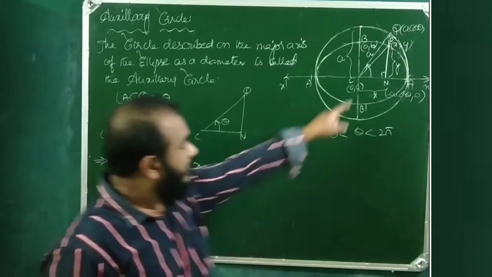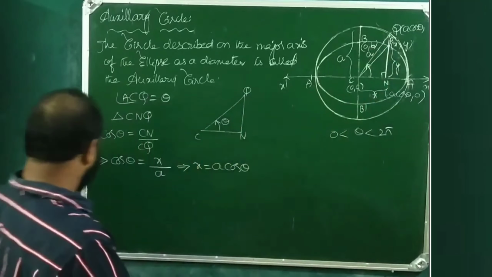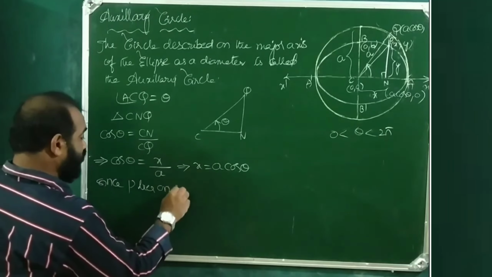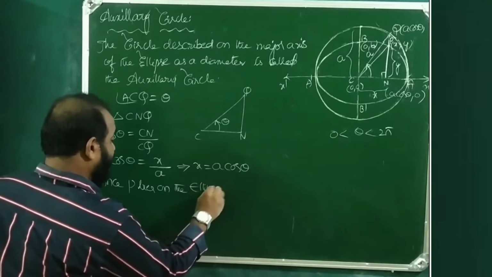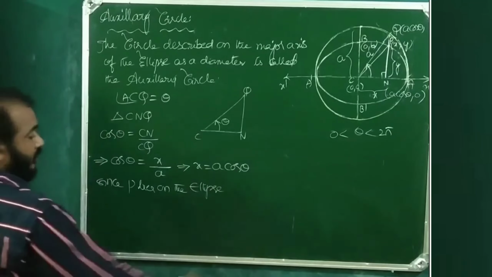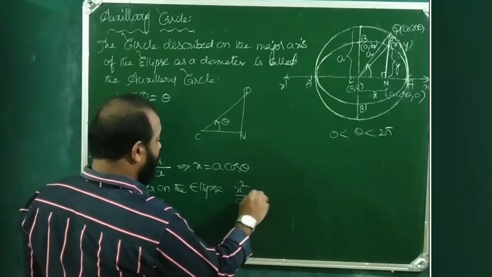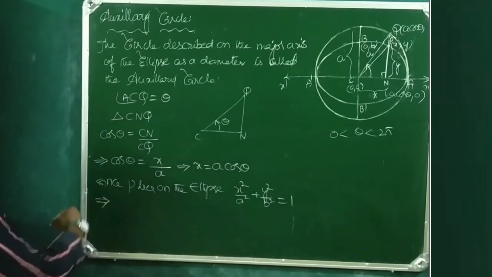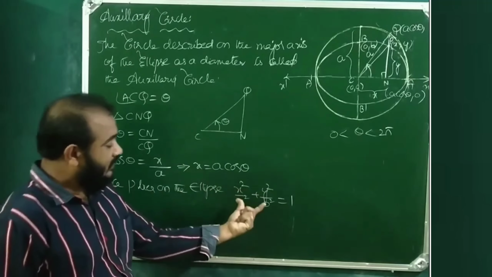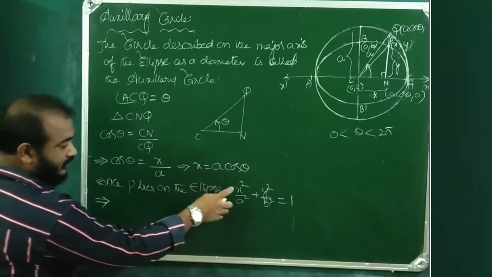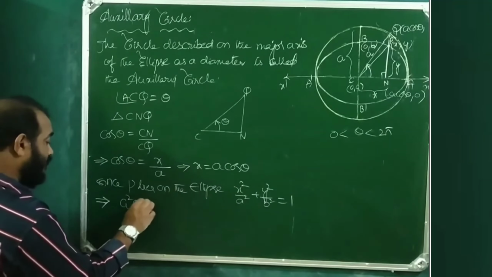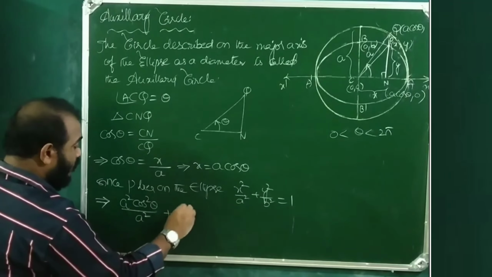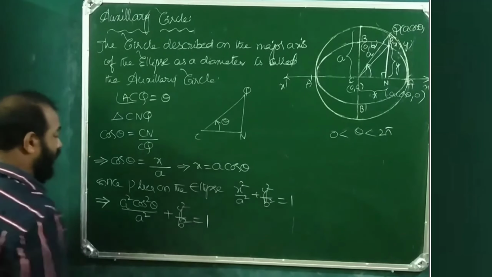Since this P lies on the ellipse, x square by A square plus y square by B square equals 1. The value of x is A cos theta; substitute in this. A square cos square theta by A square plus y square by B square is equal to 1.